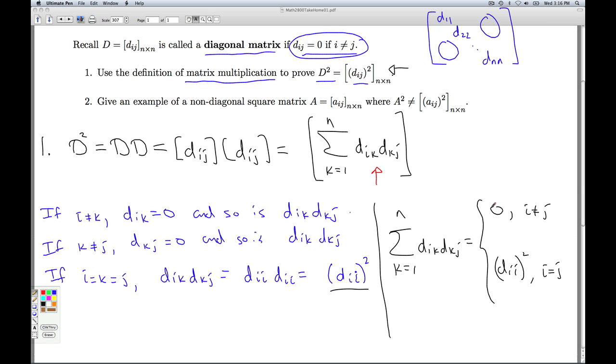Because 0 I can write, if I want, as 0 squared. And so I can rewrite this as d_ij squared if i and j are different. Why? Because when i and j are different, d_ij is 0. And I could write this too as d_ij squared because when i equals j, d_ij is the same as d_ii.